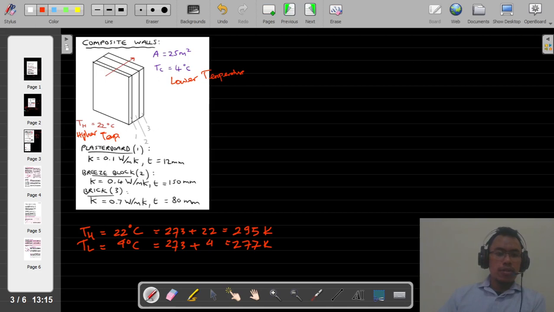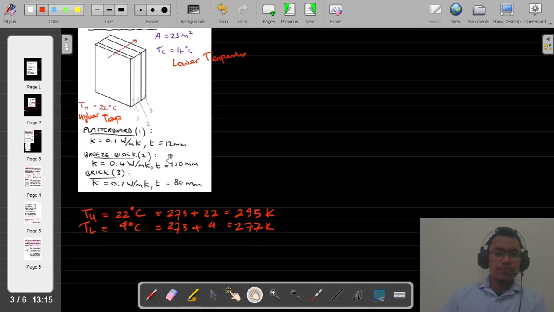And then for the thickness of every material. For the first thickness we have 12 millimeter, so it will be 12 times 10 to the power of minus 3 meter.